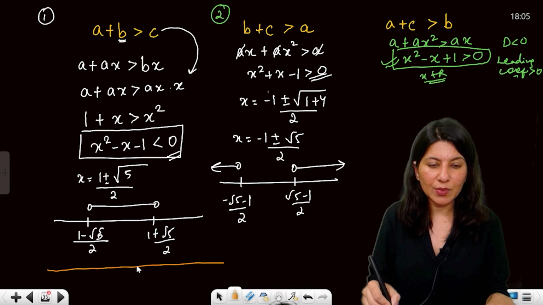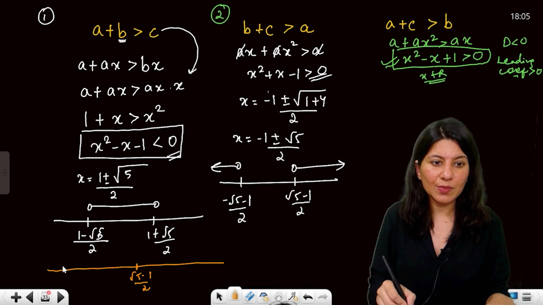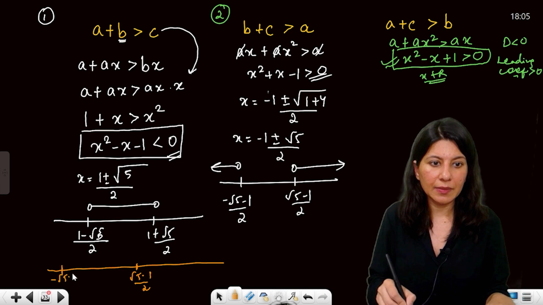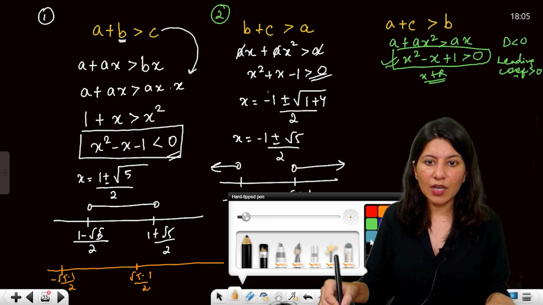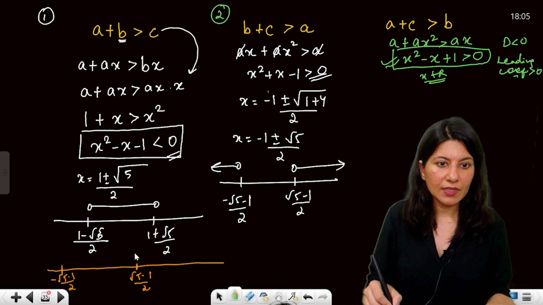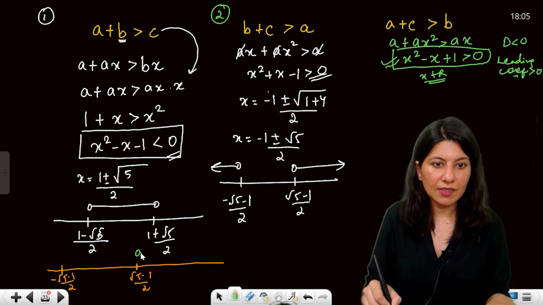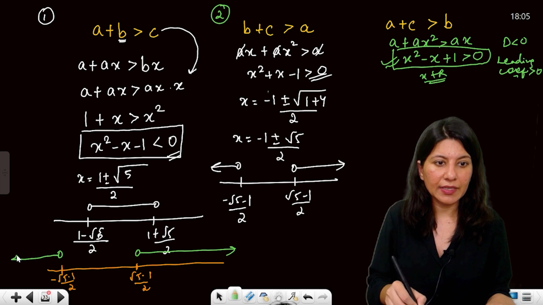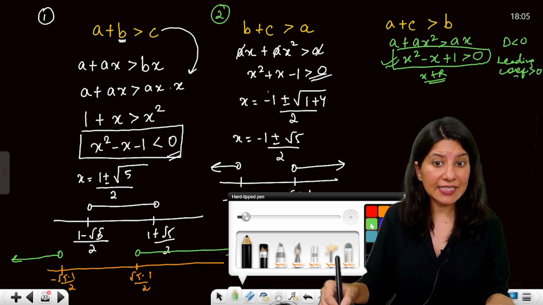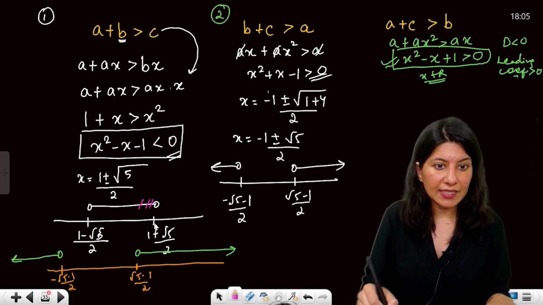Root 5 minus 1 by 2 will come somewhere over here, and minus root 5 minus 1 will come somewhere over here. Okay? So now this will be like this, and this will be like this. Correct? So finally, the intersection area will be this area.